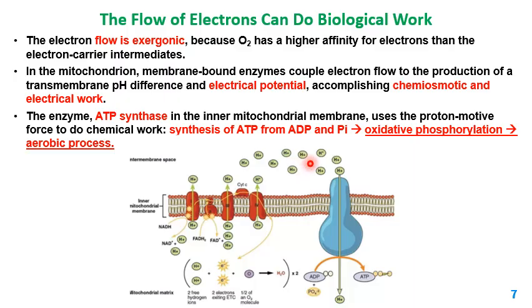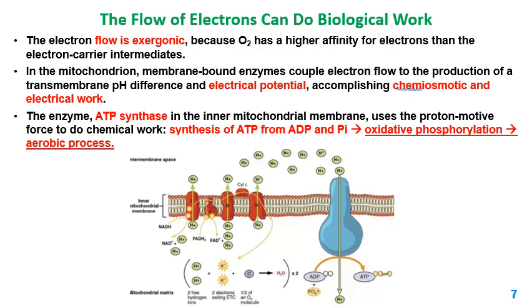Now, when you have your proton motive force, or a proton gradient, and it goes through complex 5, the process that you use to make ATP is called oxidative phosphorylation. Actually, it's called here the chemiosmotic process.